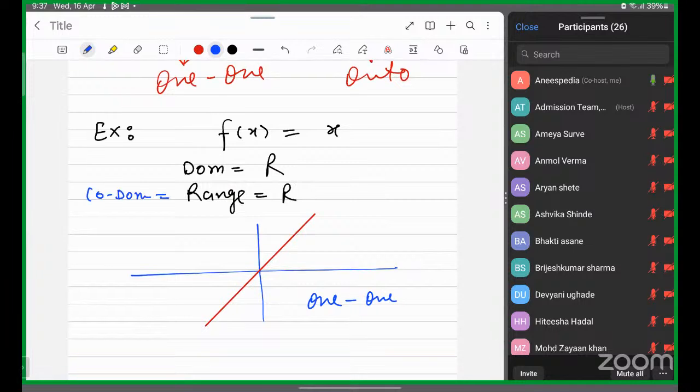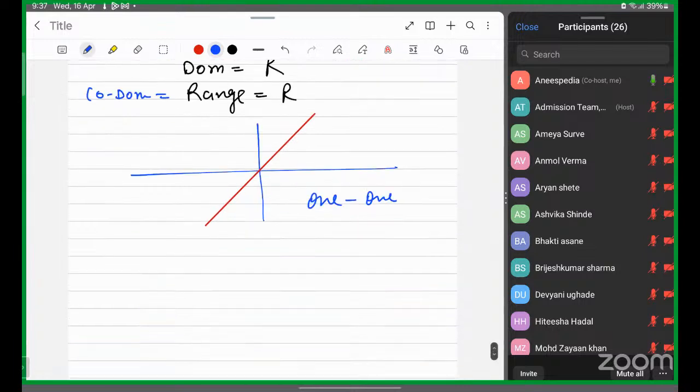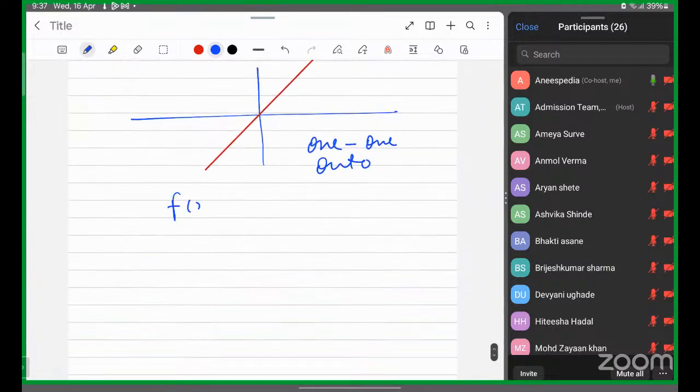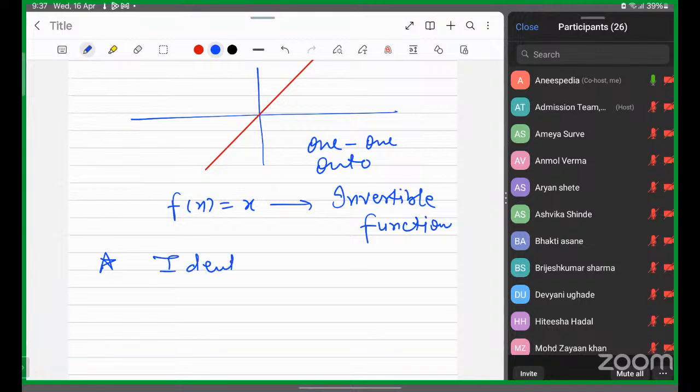Codomain is also R, range is also R. So this is onto also, which means the given function f of x equals x is an invertible function. f of x equals x is known as the identity function, which implies that identity functions are invertible functions.